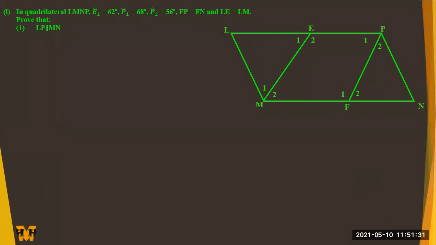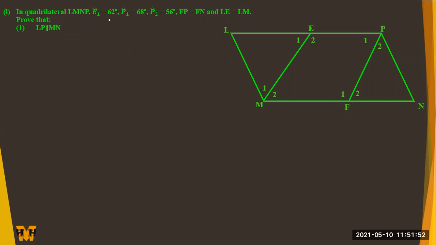Right, this is the last one we're going to look at. Let's first look at the given information. It says here, in quadrilateral, we sit here with a quadrilateral LMNP. And let's look at all the given information.